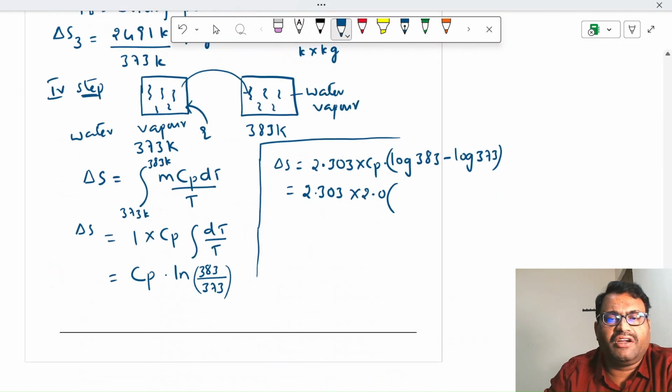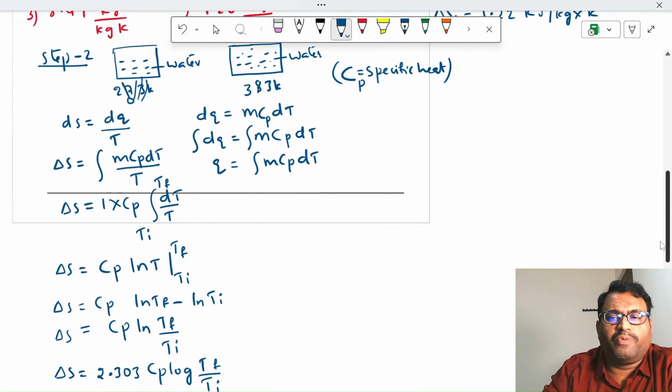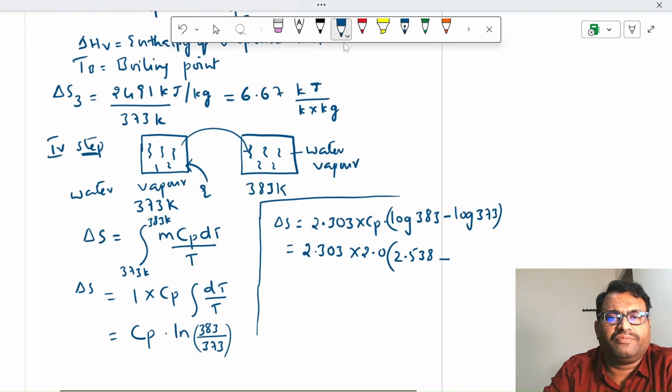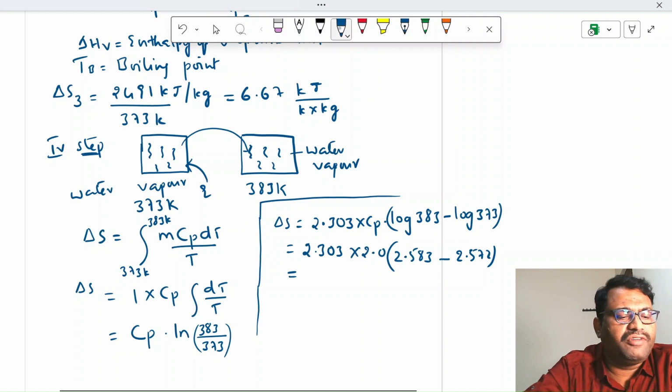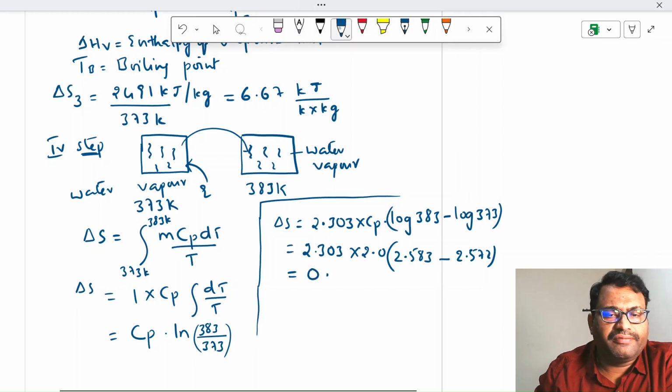So already the data is all given: 2.538 minus 2.572. If you solve this, what answer do we get? We get 0.05. So this is delta S4.